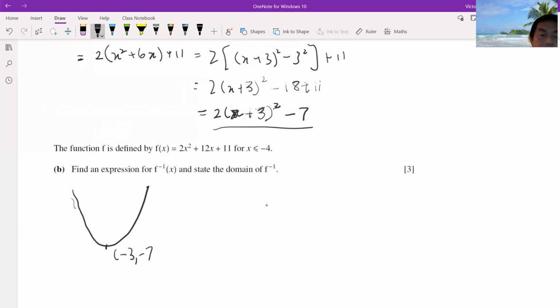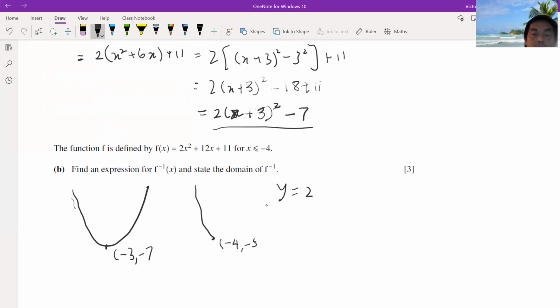However, it starts from x smaller than -4. So at -4, this will be (-4, -5). So it doesn't go all the way to the minimum point. So it's still a one-to-one function. You would have an inverse.